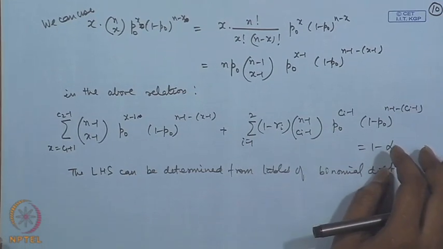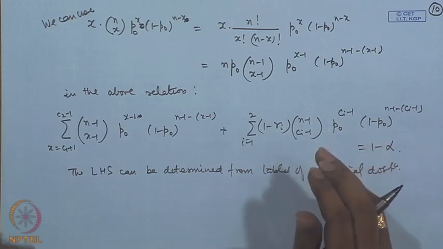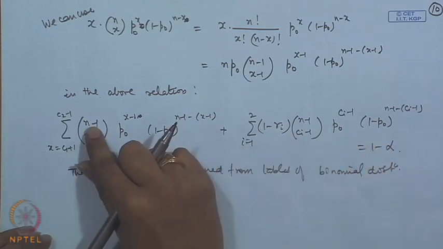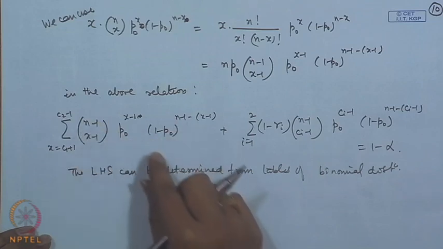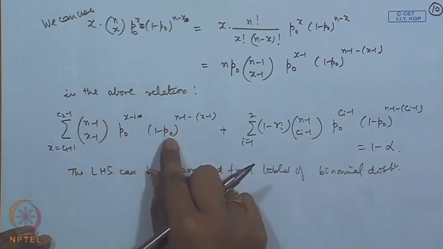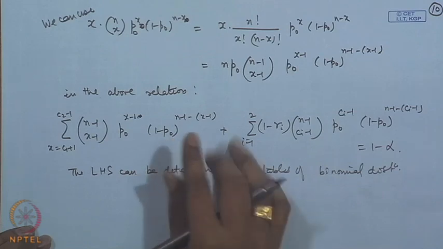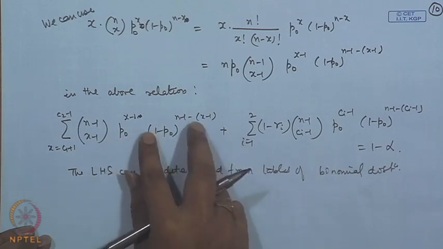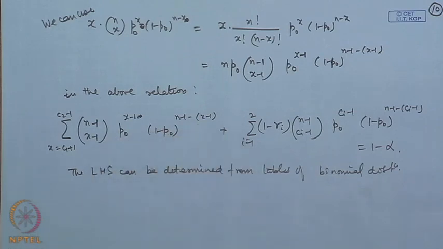So, one can actually evaluate. Now, in a given problem, n will be given to you, p naught will be given to you. So, after substituting these values, this is reducing to looking at the values from the tables.